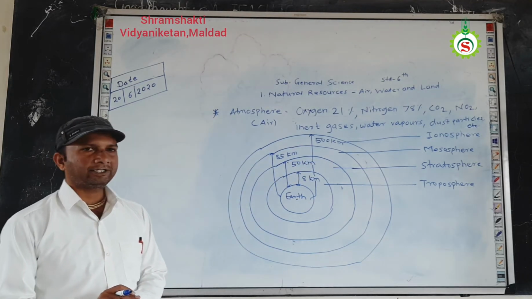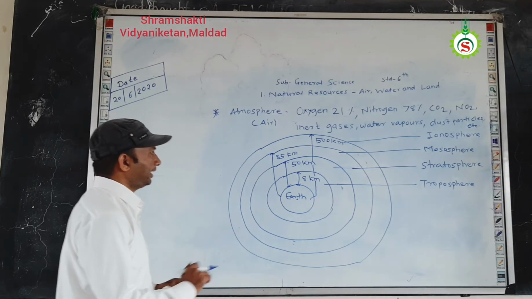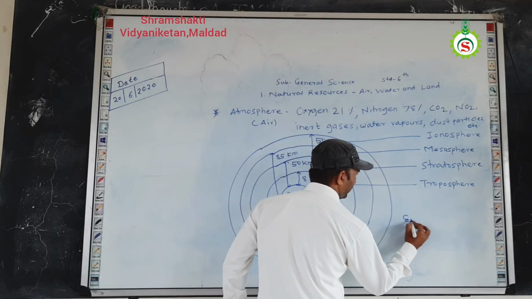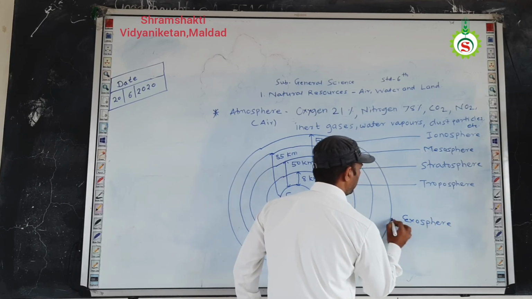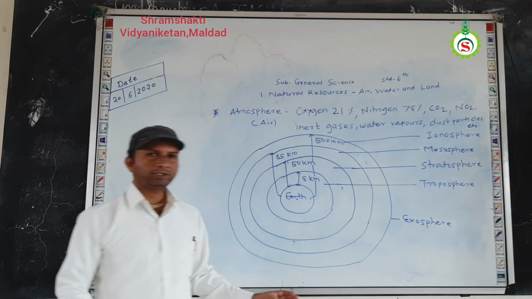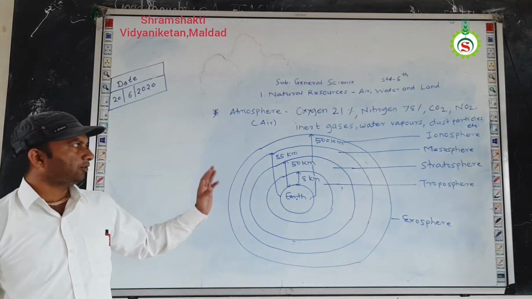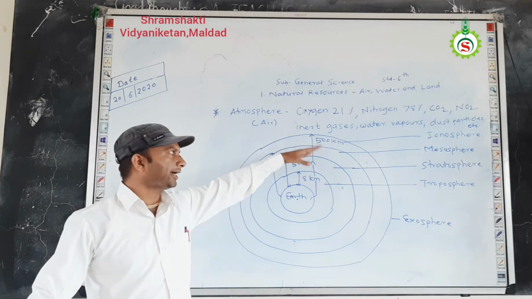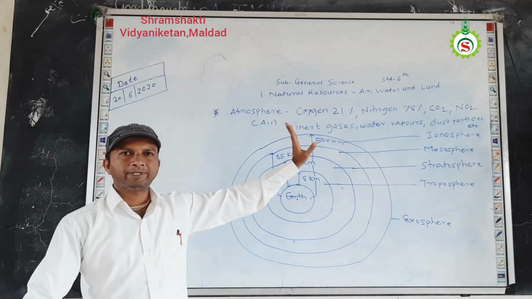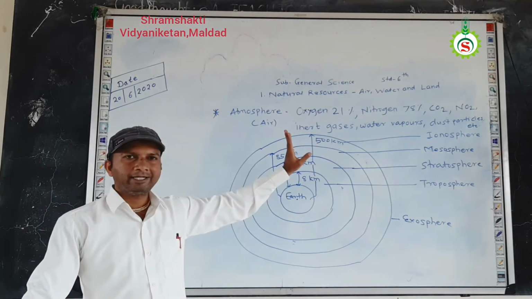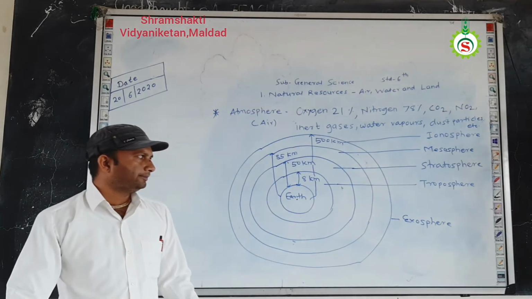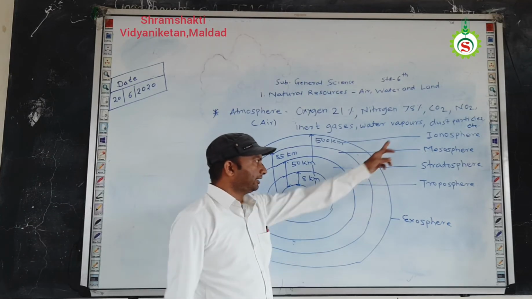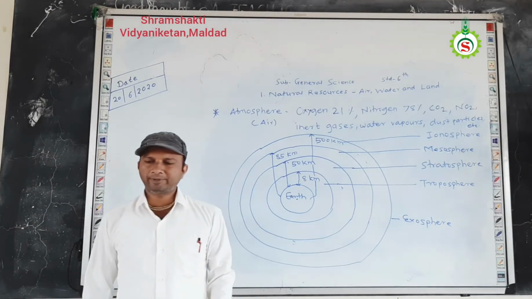And the last part of the atmosphere is called exosphere. The portion of the atmosphere beyond ionosphere, means after ionosphere there is exosphere. It doesn't have any limit. So these are the 5 layers of the atmosphere.